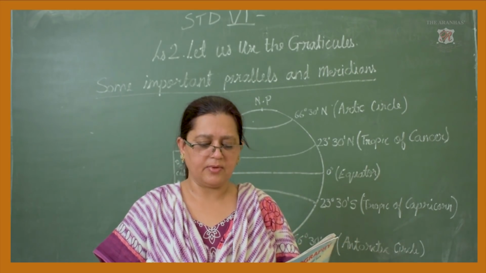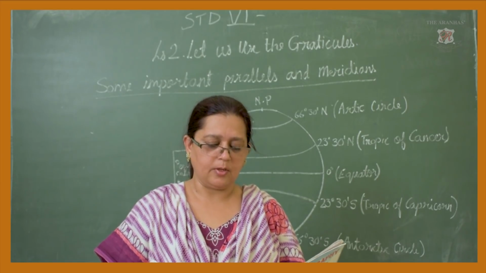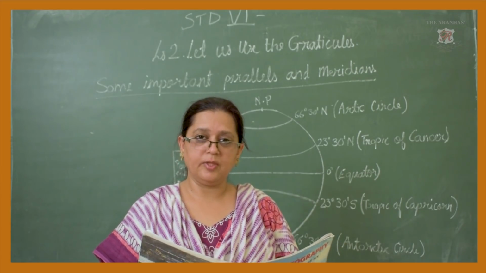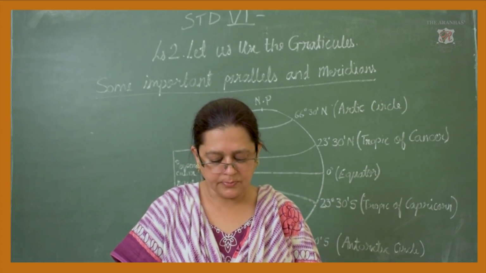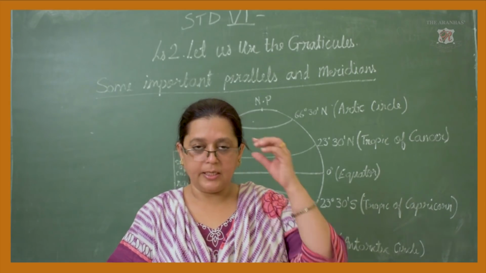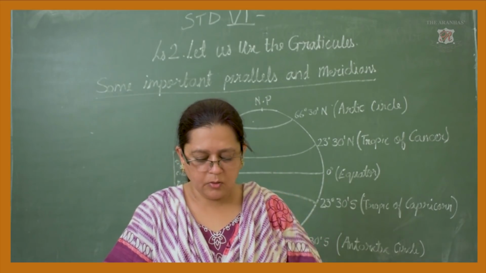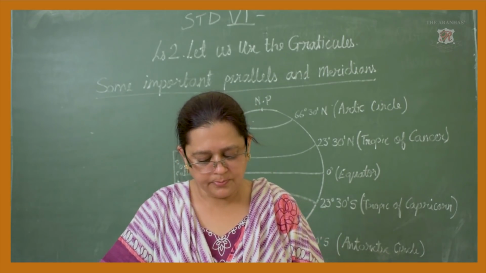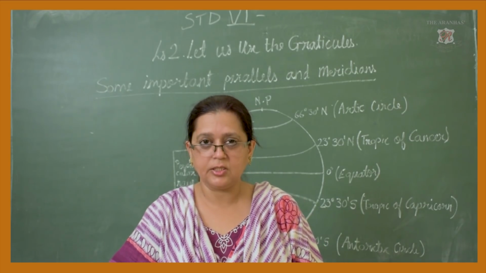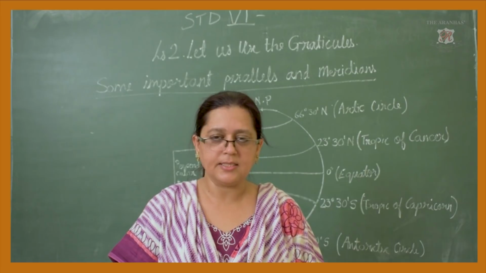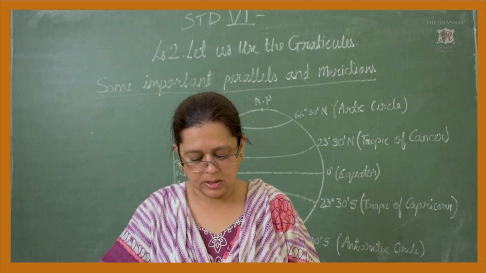To find the location of a place, we need one parallel line and one meridian line. For describing the extent of a region, we need two parallel lines and two meridian lines.